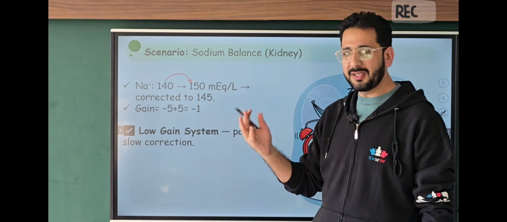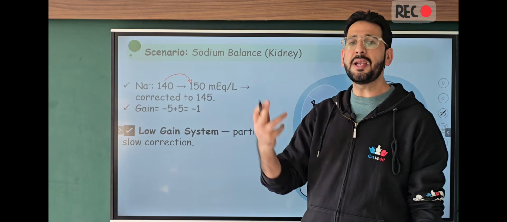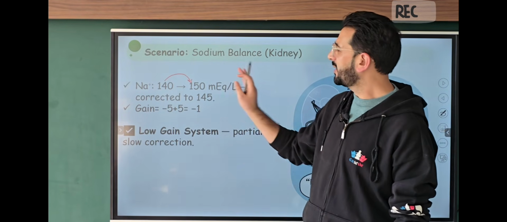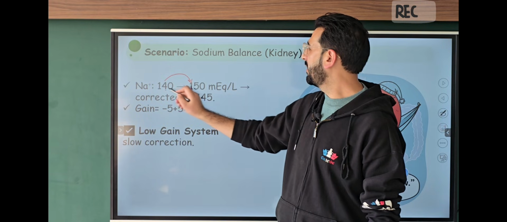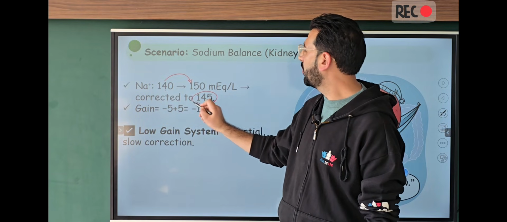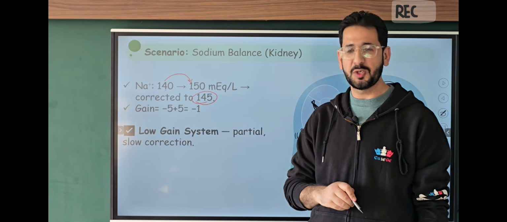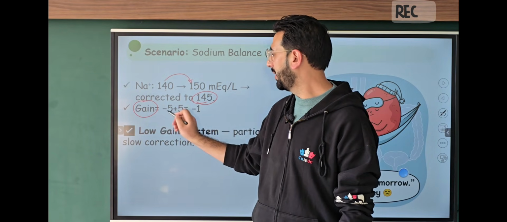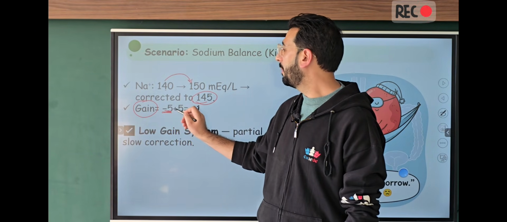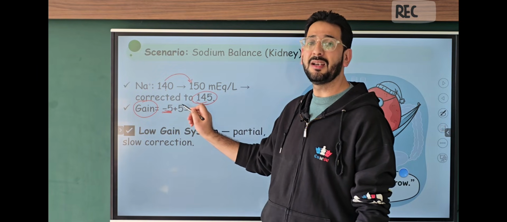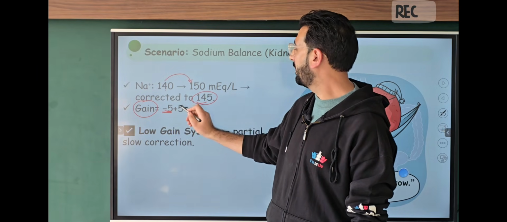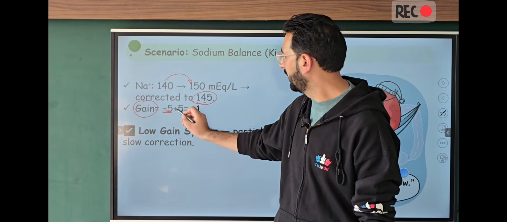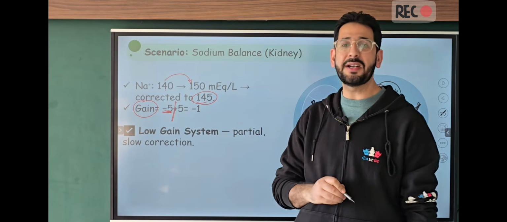And after the kidneys detected it, the kidneys tried to maintain the sodium balance, sodium homeostasis, and they took it from 150 to 145 milliequivalents per liter. So how much is the gain? The correction is minus 5, and it is divided by 5.